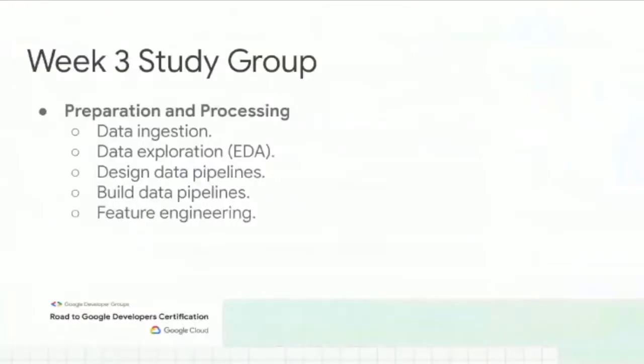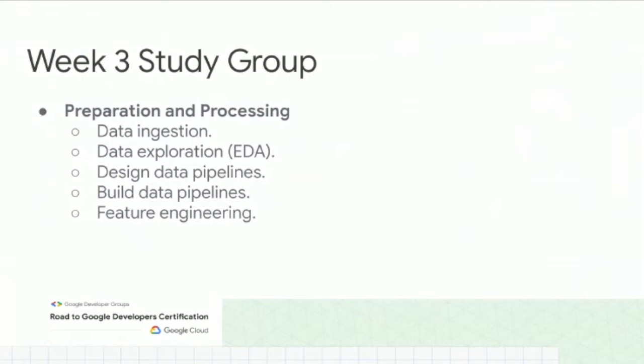Okay, so what are we going to be seeing today? We're going to talk about everything related to the preparation that we have to do with the data that we're going to use to train the model, to test the model, and also the processing. So we're going to talk about data ingestion, data exploration, how we can design the pipelines, and feature engineering.